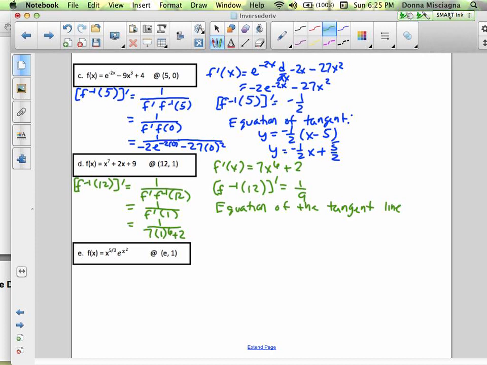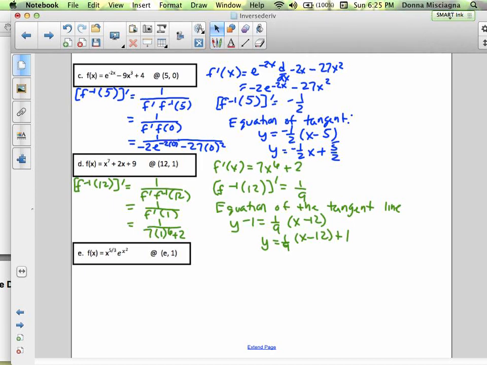So that's going to be y minus 1 equals 1/9 times x minus 12. Or y equals, oops, lost a 1 there. y equals 1/9 x minus 12 plus 1. That's good enough. All right, now let's find the next one.